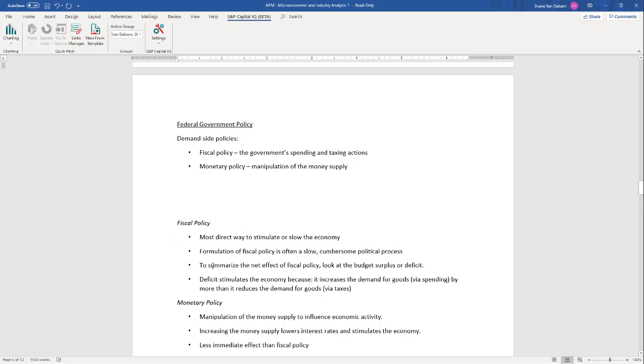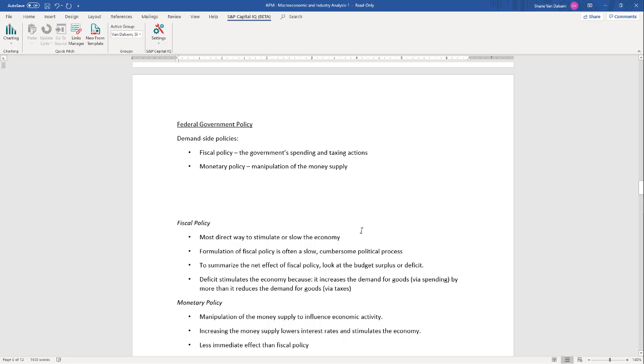And so that's kind of how demand side policy works. The approach from the government is through fiscal policy, the government spending and taxing actions, and monetary policy. It's kind of a hard word for it, but manipulation of the money supply, increasing and decreasing the supply of money to affect, in general, interest rates.